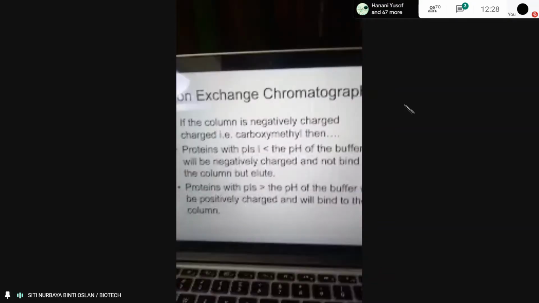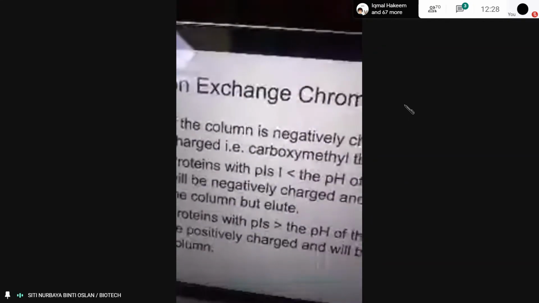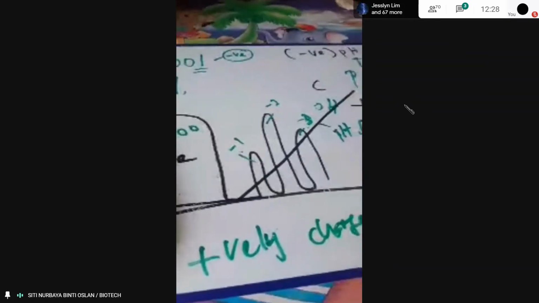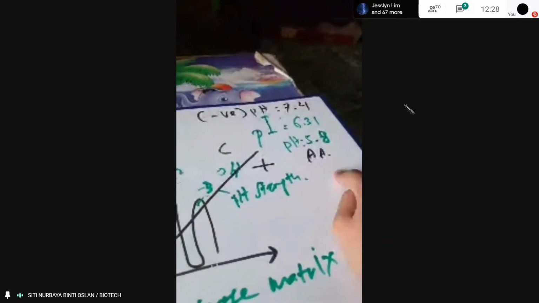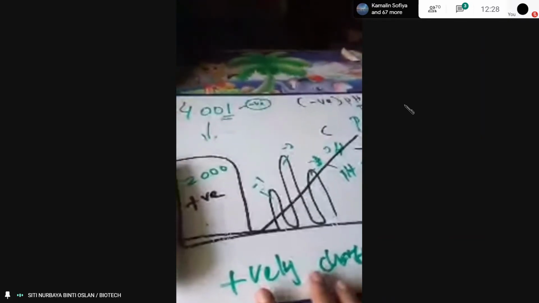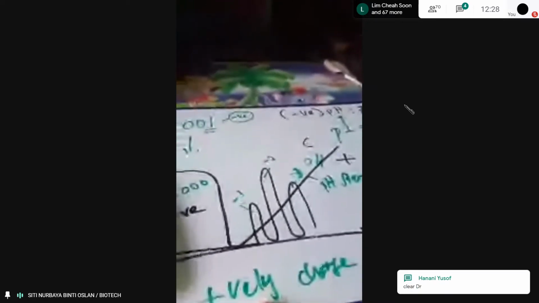Basically, you need to decide. The conclusion here is that you need to decide whether you want your T1 lipase to become positively charged or negatively charged by adjusting the pH. If you have decided what kind of charge you want your T1 lipase to have, then you choose the matrix, either positively charged or negatively charged.